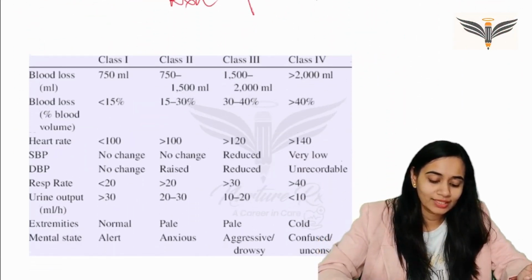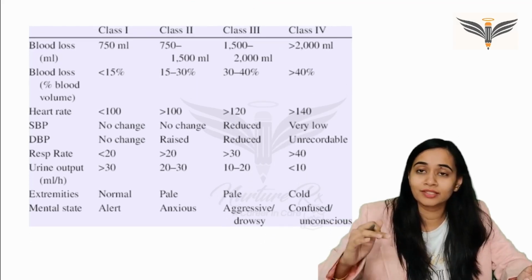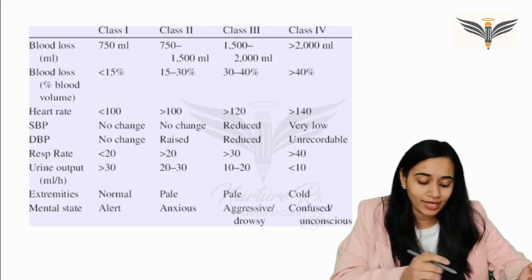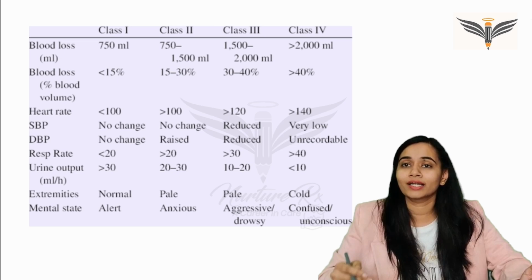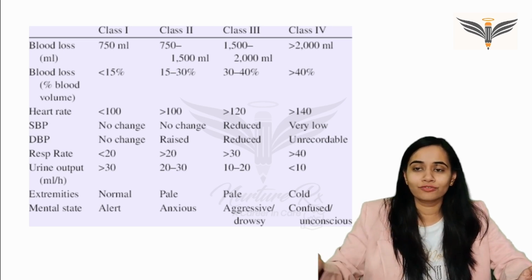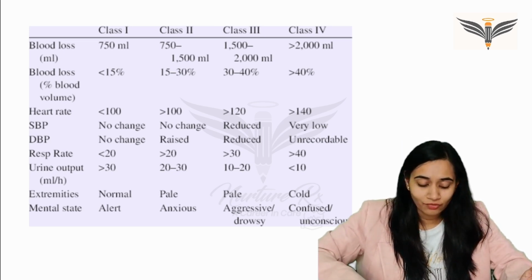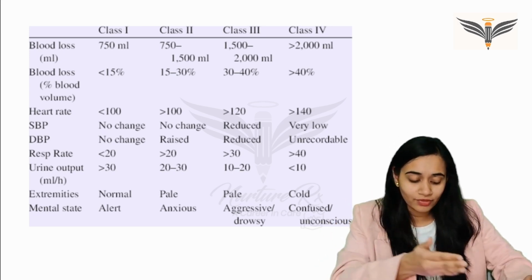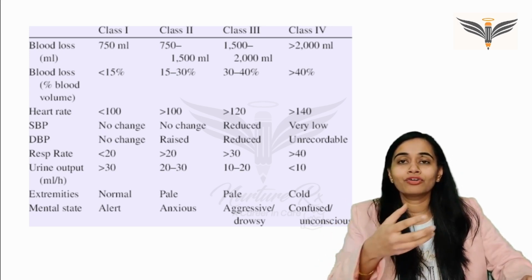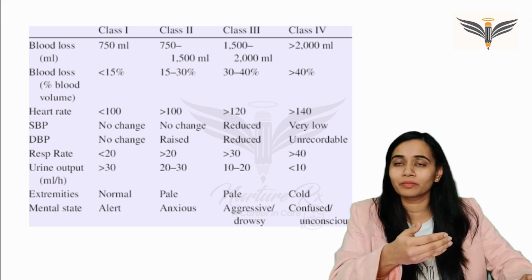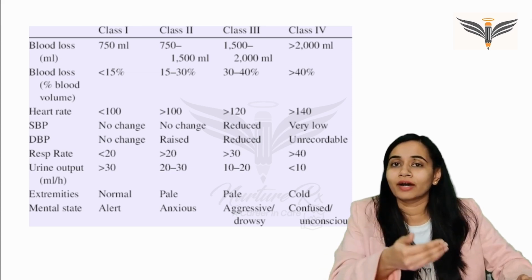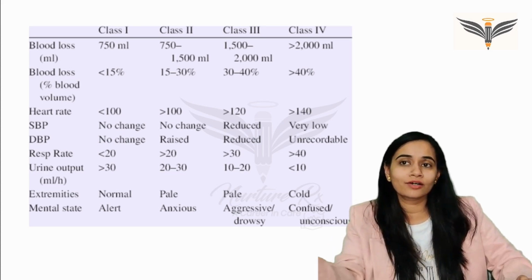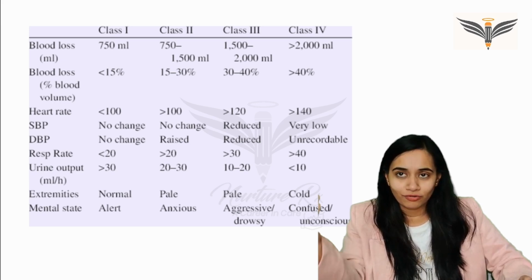Now, what is the grade of shock? There is a table on your screen which you can see, and it is saying that there are four grades of shock. So how will you find out the grade of shock? It will depend upon the amount of blood lost from the patient and the current vitals of the patient. All these things are going to determine your grade of shock.